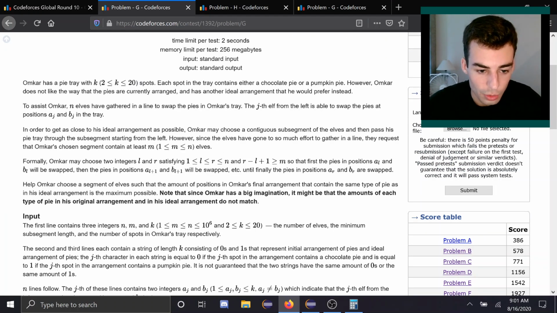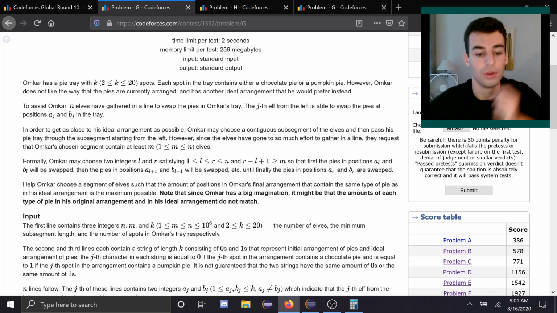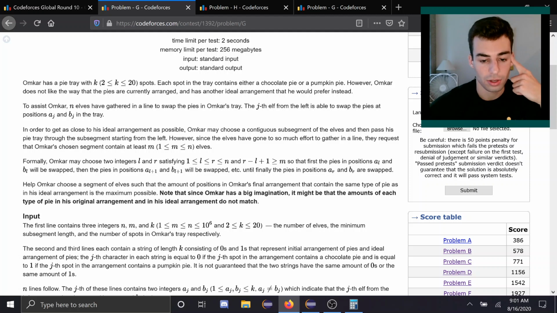He's got a tray with up to 20 spots. Each spot contains either a chocolate pie or a pumpkin pie. However, he doesn't like the way the pies are currently arranged and has another ideal arrangement that he would prefer instead. To assist him, N elves have gathered in a line to swap pies on his tray.